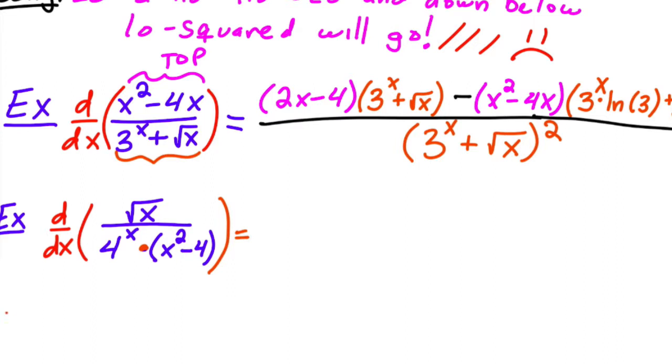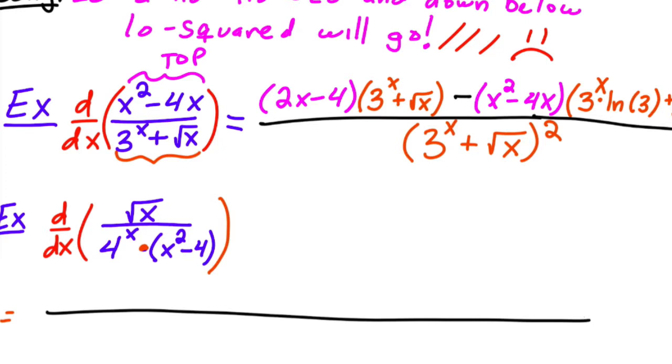I might need a little more room, so I'm going to do it down here. Let me erase this. Following our basic rules, I'll color the top purple, and the bottom green.